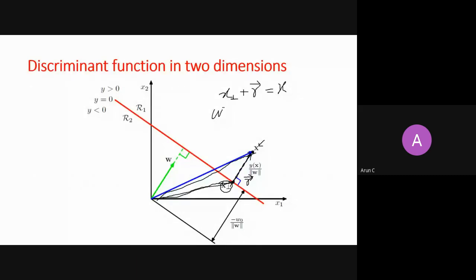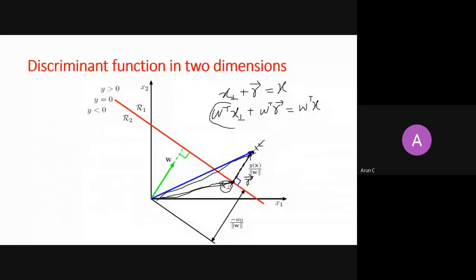I will get W transpose x orthogonal plus W transpose r equals W transpose x, right? So just for simplicity, assume that W is a unit vector.